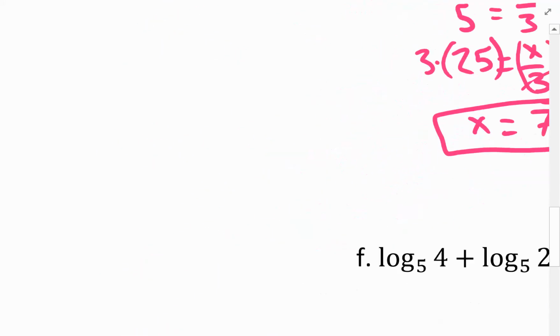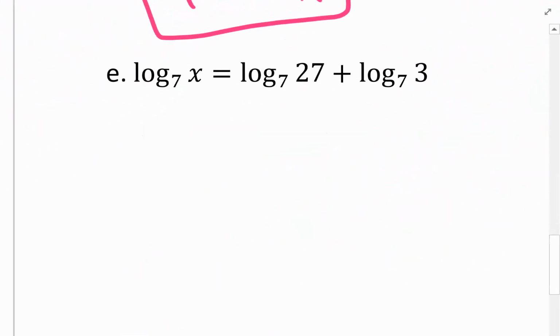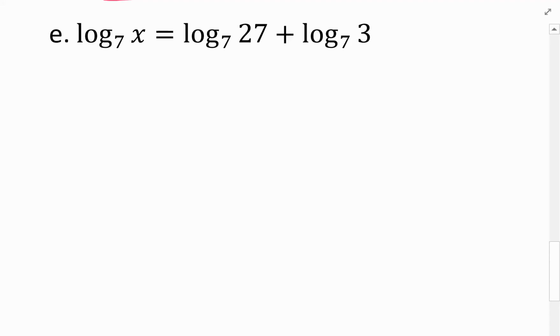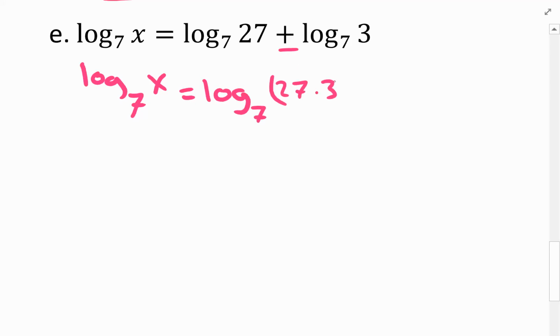Next problem. Okay, now we're getting to the easy ones, which is kind of nice. Step 1 is the same. You want to combine logs if possible. So over here, the left side, we can't do anything right now. On the right side, we have log plus log. So you know that means we get log base 7 of first thing times second thing.